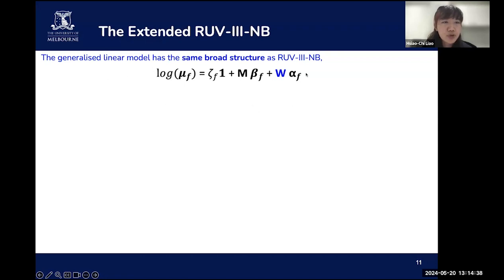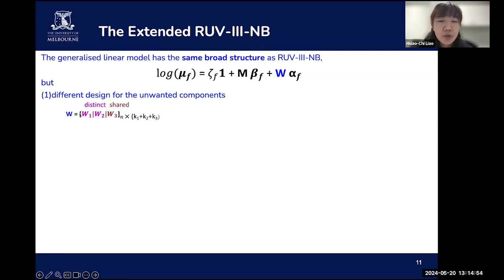So here is the structure of the extended IUV3MB. Basically, we have the same broad structure as IUV3MB, but we did some modification for the unwanted components, W and alpha. The W consists of 3 parts, which are 2 distinct unwanted vector matrices for the 2 domains, RNA and ADT proteins.